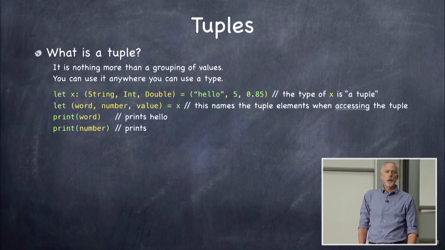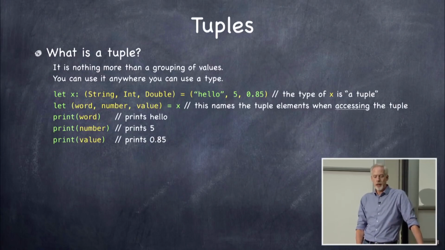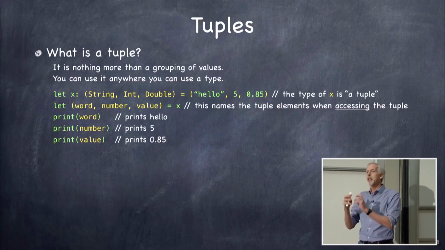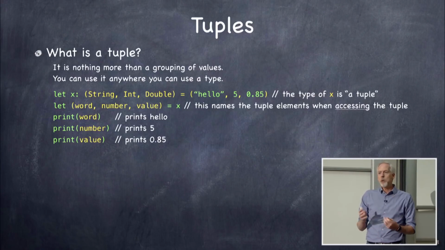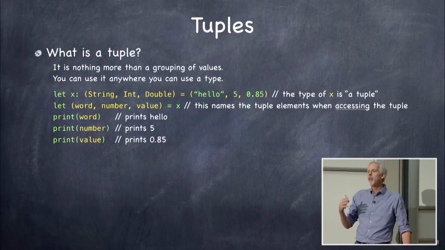So here's what a tuple looks like. Here's a tuple x, okay? x up here is of type tuple. And this tuple has 3 things in it, a string, an int, and a double. And I set its value by just saying equals parentheses the 3 values. Now, what's kind of cool about a tuple as a lightweight struct kind of thing is that the names of the elements are very flexible.